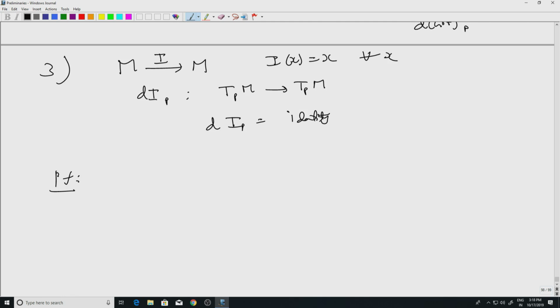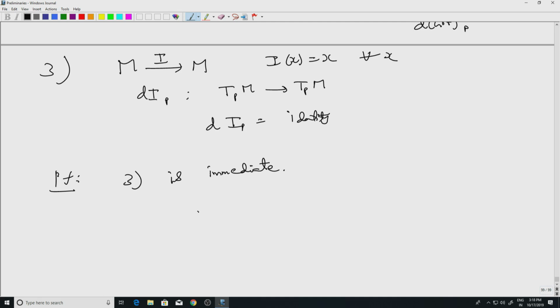The second property is immediate, but let's do it anyway, since the definition of a derivative is somewhat abstract. So what do we have to check?